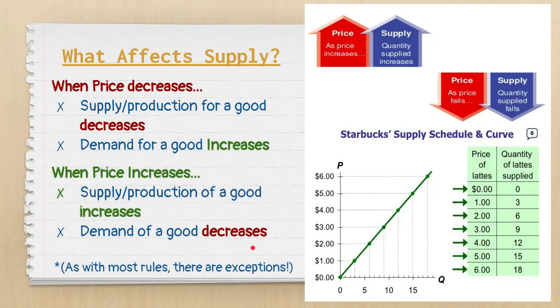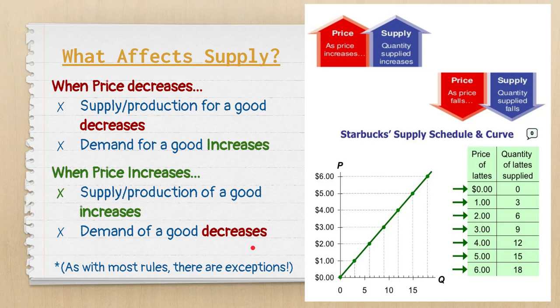So let's go over a few rules. Now, price, like we learned last lesson, can affect both supply and demand. So let's talk about when price decreases for your good. Let's say you own a Starbucks and you have to charge less or you have to lower the price of your lattes.